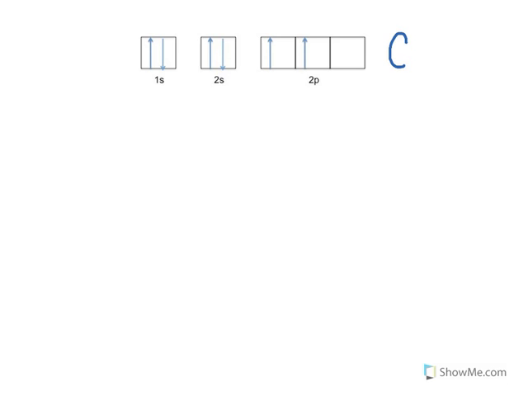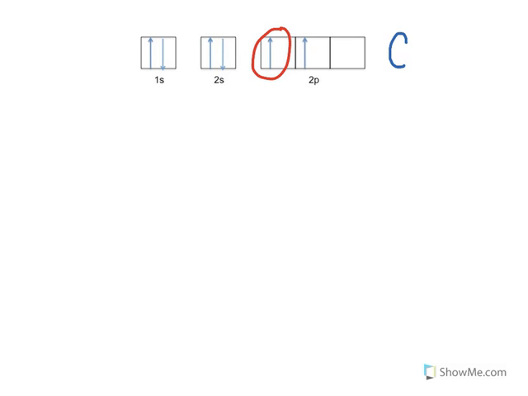So let's put this all together and see what this means for a particular electron in carbon. Alright, so here I have the orbital diagram drawn out for carbon, and let's take a look at this particular electron right here.